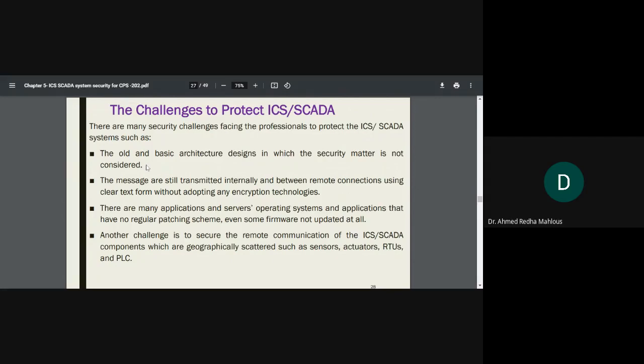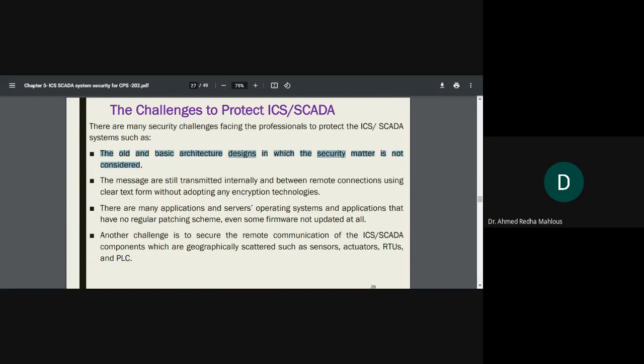One of the challenges is that you are trying to secure an ICS SCADA that has an old architecture design. Because if you remember what he said, we are talking about a CPS environment. The CPS can be an old plant, an old industrial factory, that has machines that date back a decade or two decades ago.